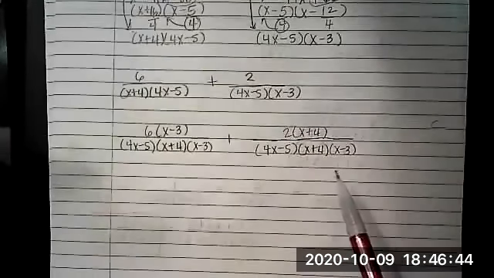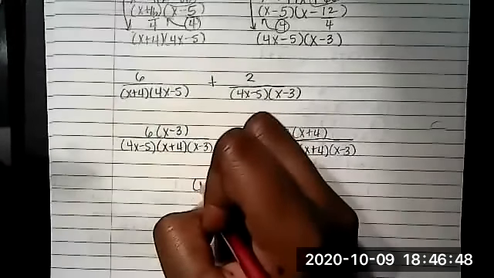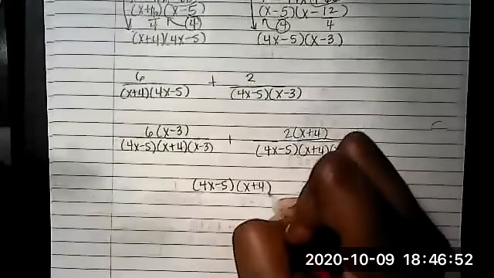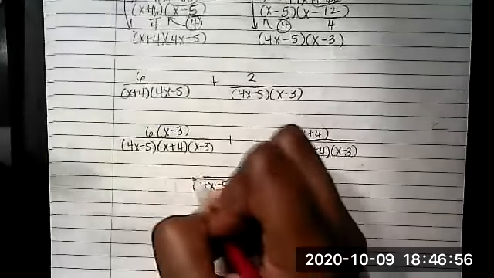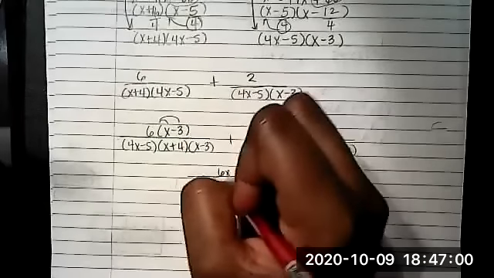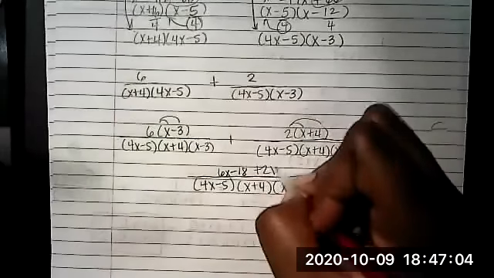Okay. So now when we combine like terms, when we combine the top terms, it becomes what? 6x minus 18, and this one is plus 2x plus 8.